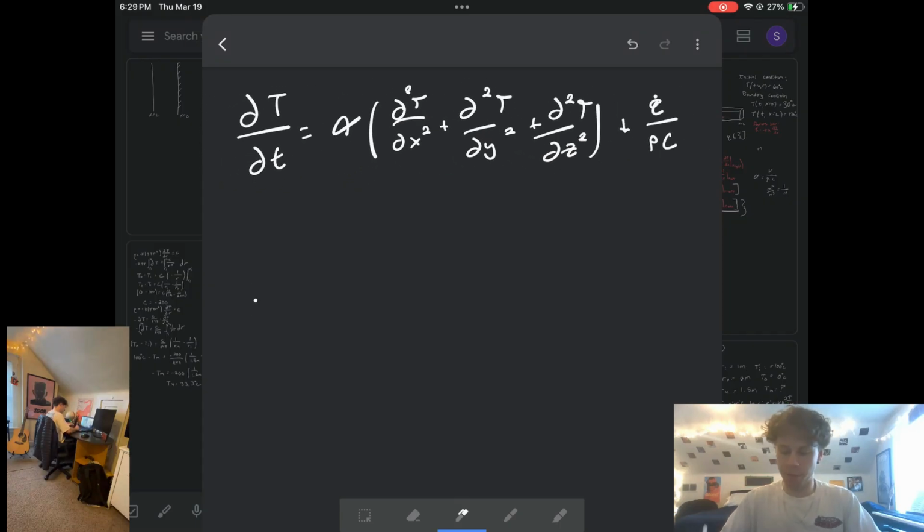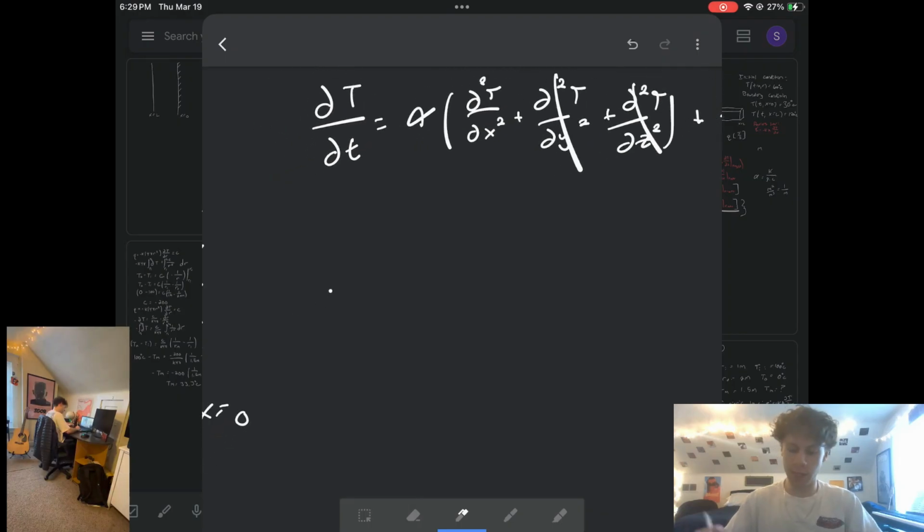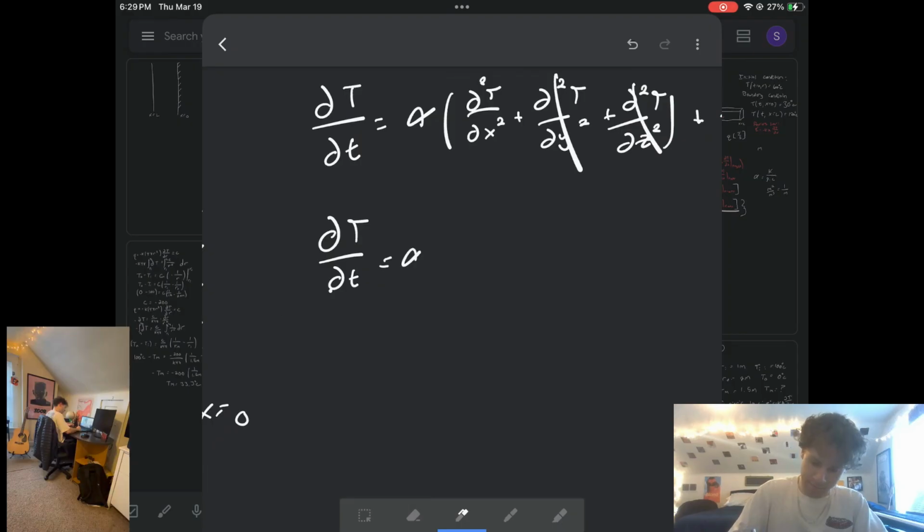Okay, so since this is only one-dimensional, we can cancel out these two terms, and what we're left with will be as follows.